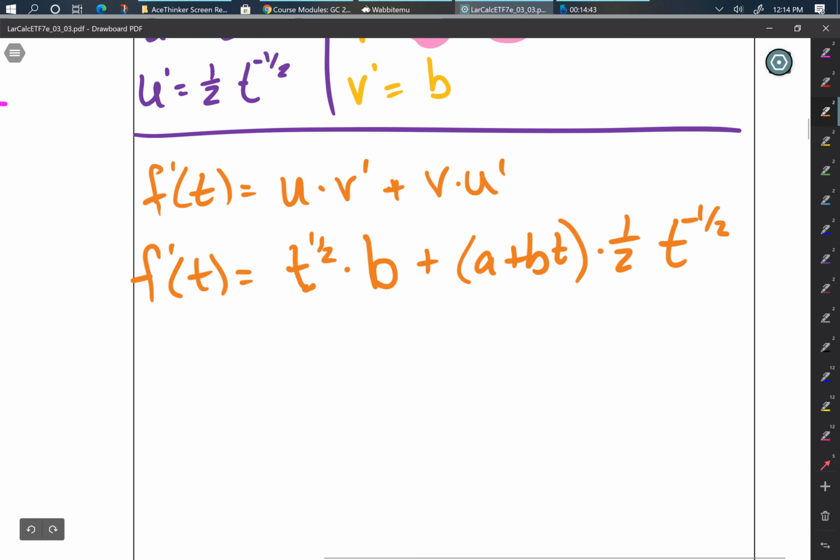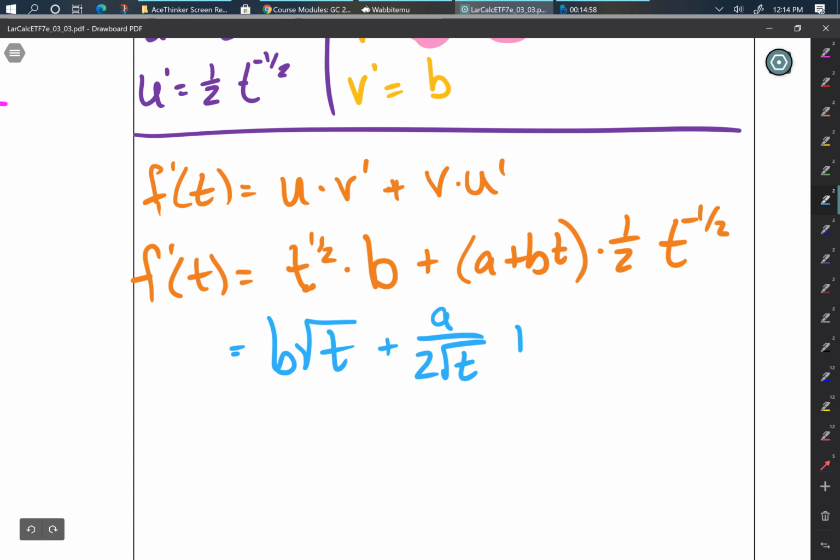Okay, so cleaning things up, I've got b root t plus a over 2 root t plus b over 2 root t.